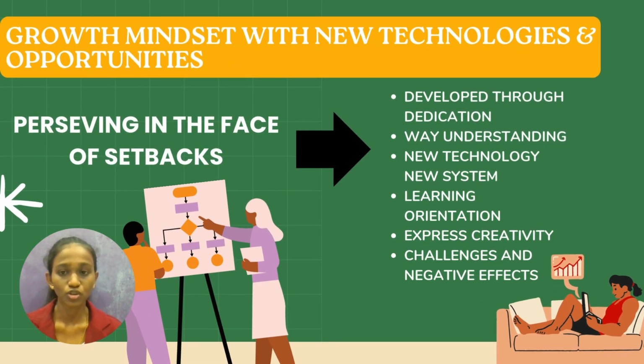Right now, we're going to see growth mindset with new technologies and opportunities. For me, I suggest persevering in the face of setbacks is the best growth mindset for young learners. Nowadays, young learners are stuck between stress and depression in their education life and also in their private life.